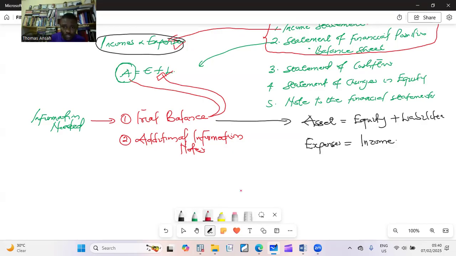Now, I told you that all those ones here are debit balances. When we say something has a debit balance, like the way you'll be doing control account, and at the end they will say the thing has a debit balance or a credit balance. So when we say these ones have debit balance, it means that you should see their balance brought down at the debit side.